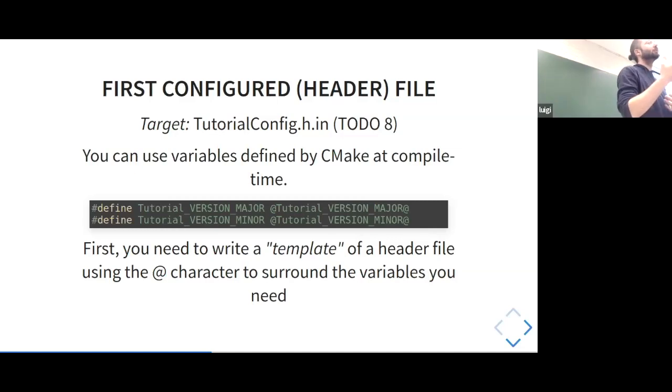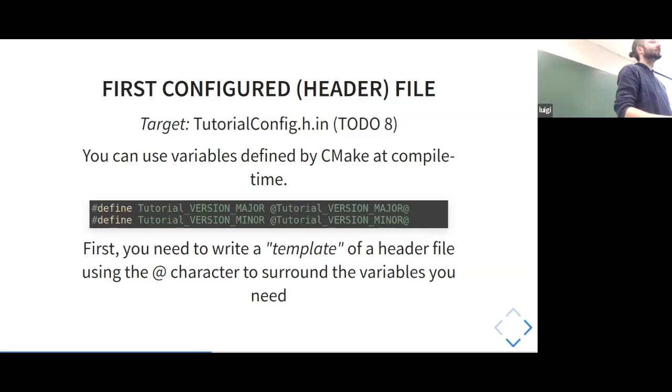So you can modify the source code without modifying the source code somehow. You instruct CMake to replace some variables by their actual value. You see the point? You seem a bit skeptical about that, but I can assure you sometimes it's exactly what you want.